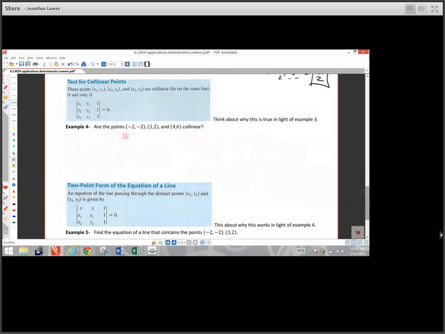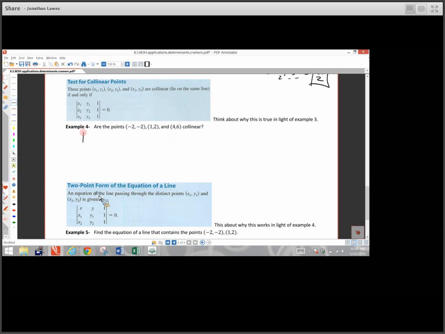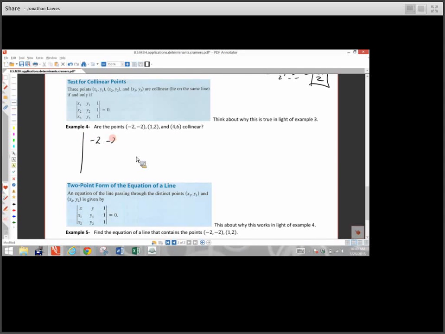So the question here is, are those collinear? How would we check? Put them into that little determinant, right? So -2, -2, 1, 1, 2, 1, 4, 6, 1. Which row or column? Probably the far right, the third column.